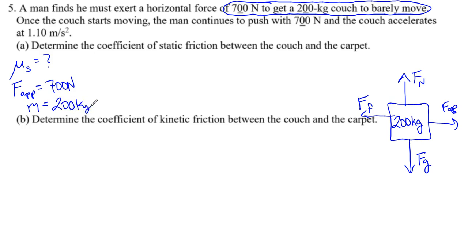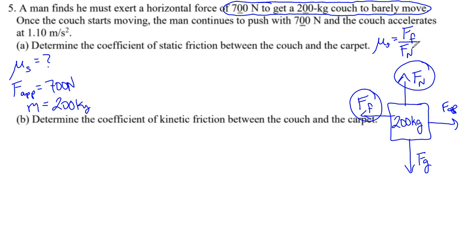That's all we know for part A, and that's all we care about for part A. What we need to figure out is the normal force and the force of friction, because the coefficient of static friction is equal to the force of friction divided by the normal force. So once we find those two things, we're good.